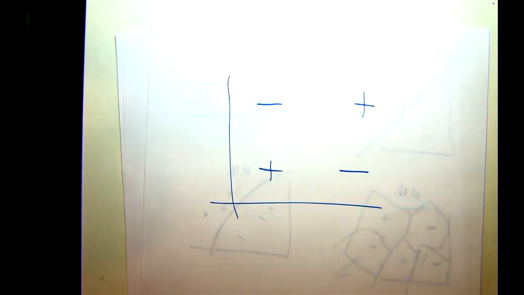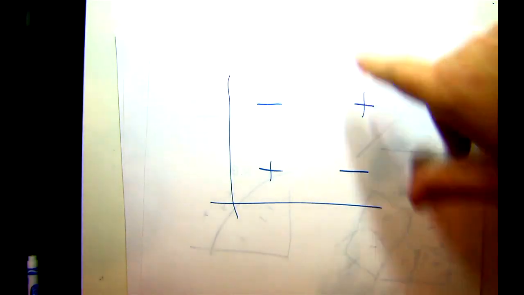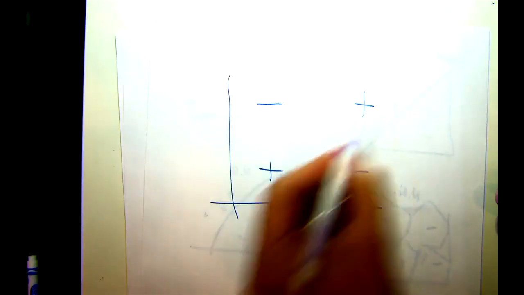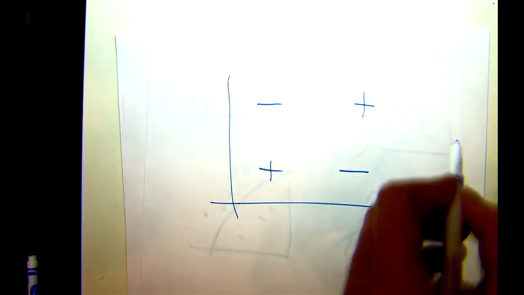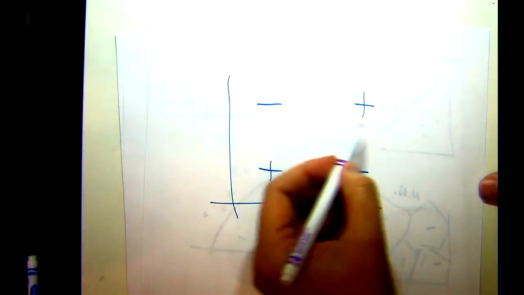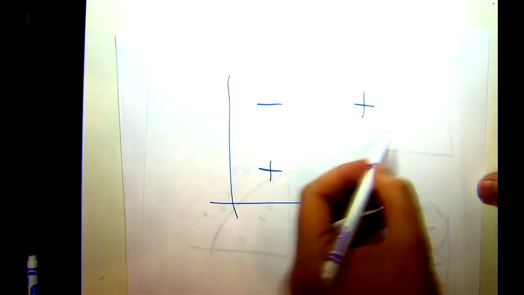This is a classic example of something you cannot separate properly with a linear classifier. A tree can easily separate this, but with a linear classifier, any line you draw will not work because they'll always be incorrect.